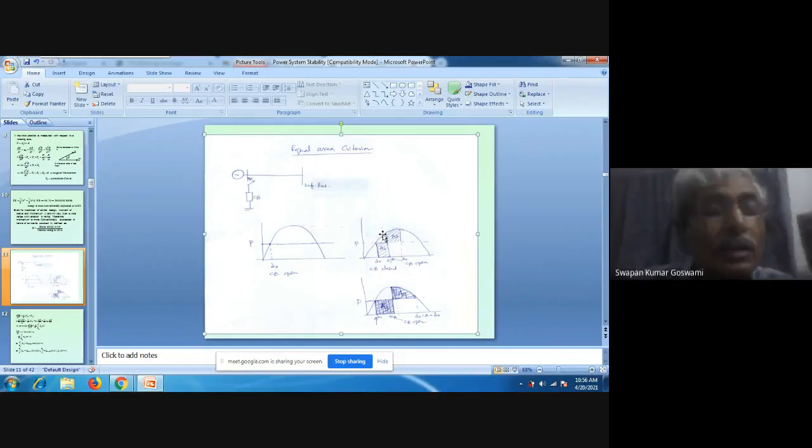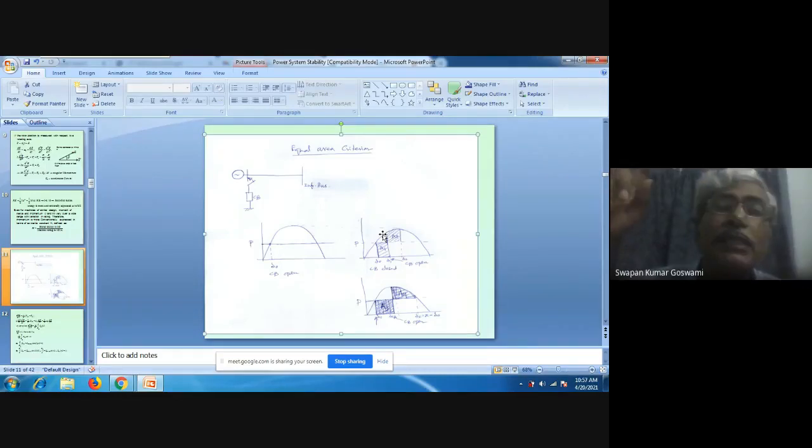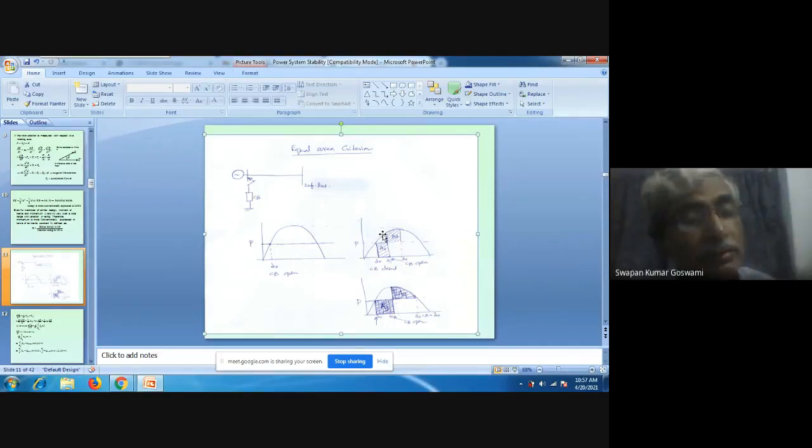But retardation from what? From the situation when the speed is much above synchronous. So speed will decrease from that value. It will decrease from a speed which is already above synchronous, but still it is above synchronous.